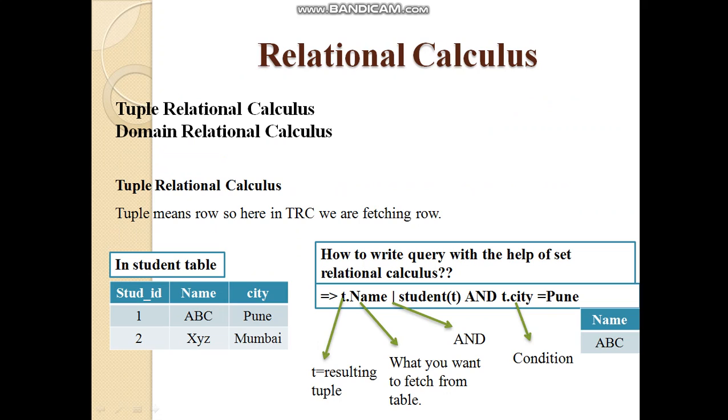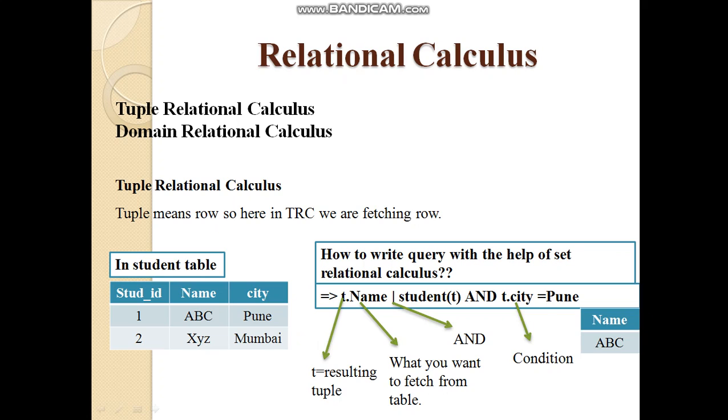So this is a student table. How to write this query? T, here T is the resulting tuple, and the name means what you want to fetch. So I want the name column, and from the name column I want to fetch something. This is student, that means the name of the table.